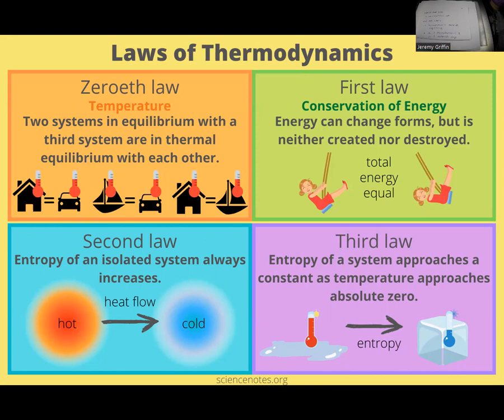If something feels hot, that's probably because it's transferring thermal energy to you. If you were holding onto an ice cube and that ice cube feels cold, well, there's no such thing as cold as a substance in physics. There's just the absence of heat. So if something feels cold, it's because there's thermal energy going from you into that ice cube, like melting the ice cube, something like that. Okay, so if things have the same temperature as each other, then they are in equilibrium with each other, and there's going to be no heat transfer.